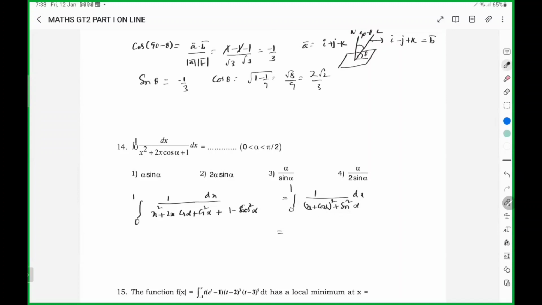It is of form 1 by x square plus a square, 1 by a tan inverse x by a. So 1 by sin square alpha tan inverse 1 plus cos alpha by, minus tan inverse cot alpha.